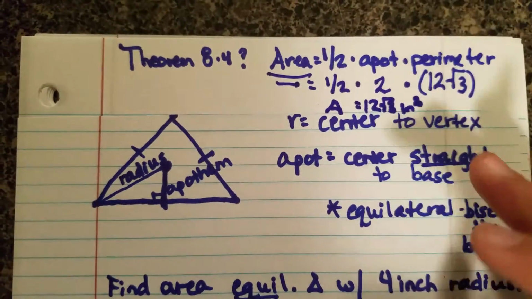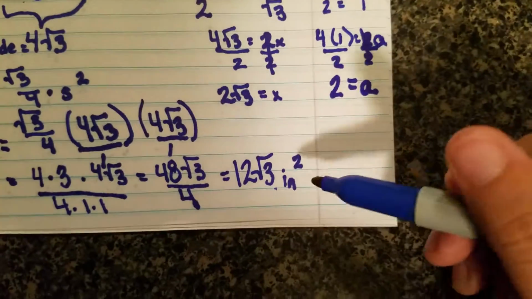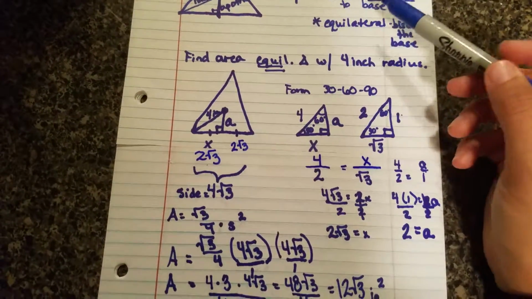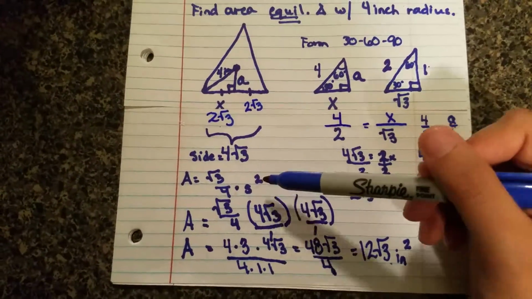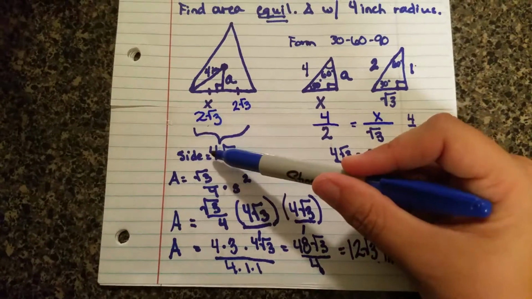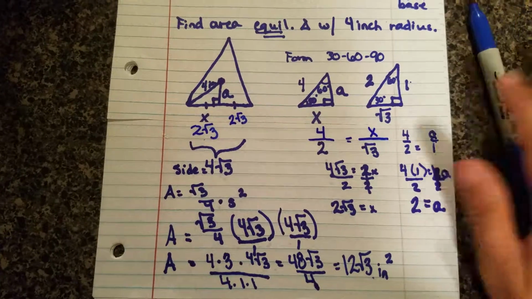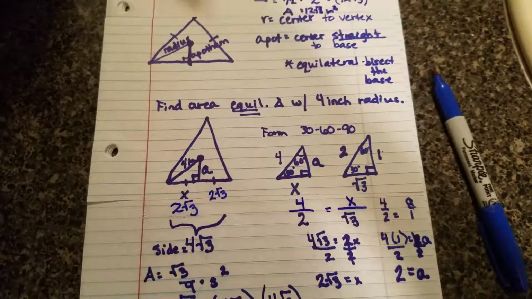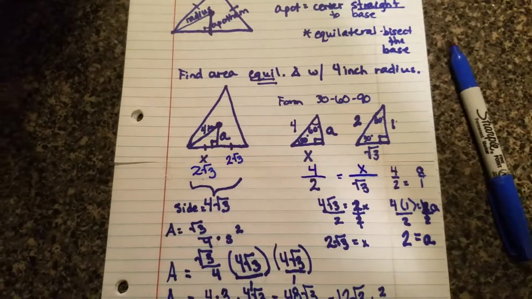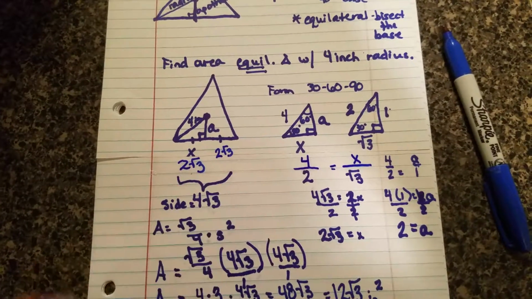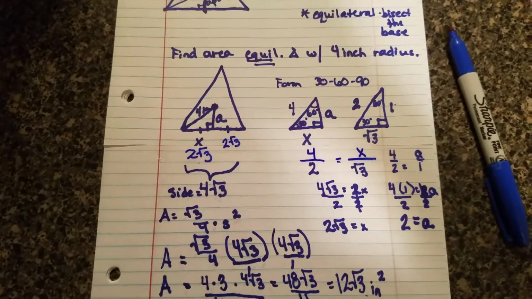Here we found 12 square root 3, and here we found 12 square root 3. So either of these formulas will do. Obviously, if you're comfortable working out, once you find your side, doing square root 3 over 4 times side squared, then you're good to go. Okay, so that example right here shows you how to do number 3 in your lesson.